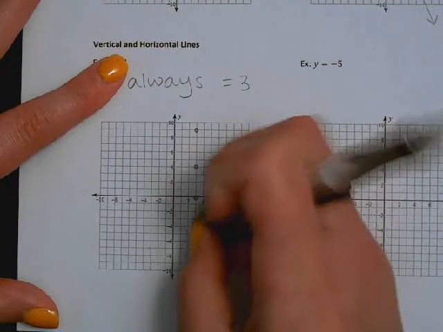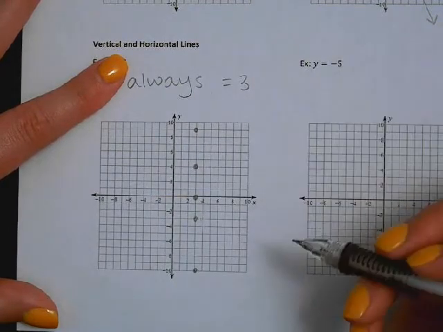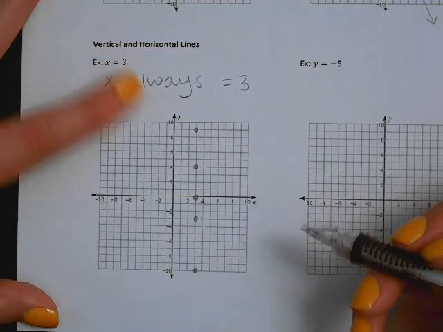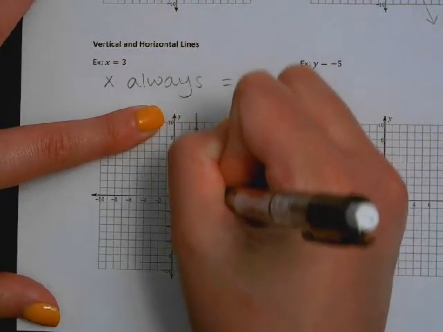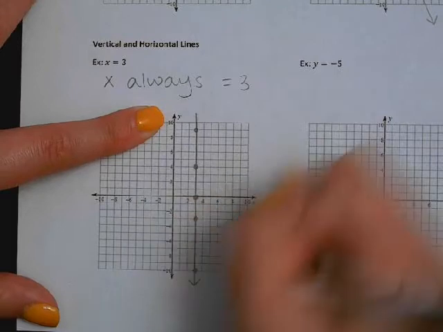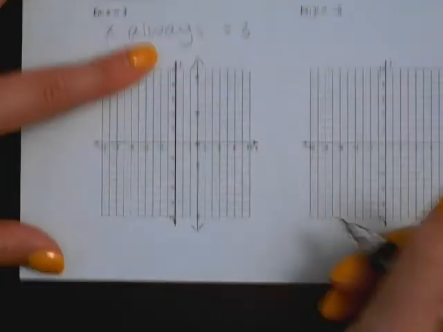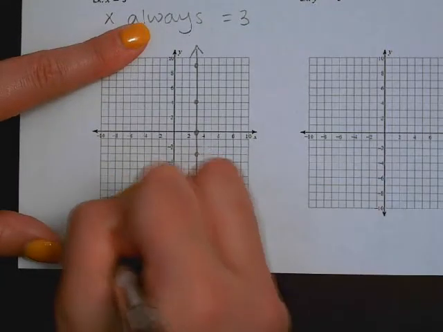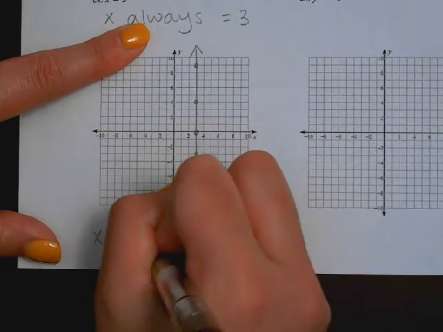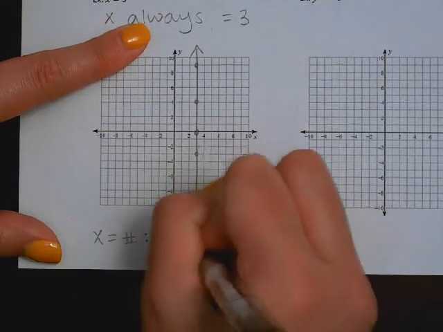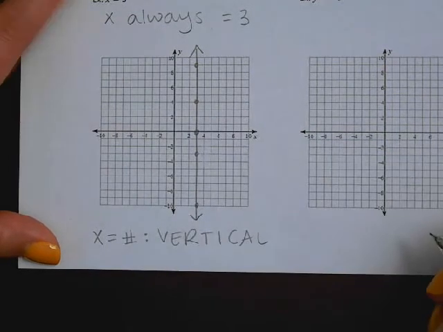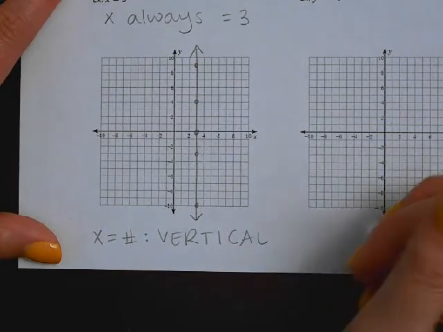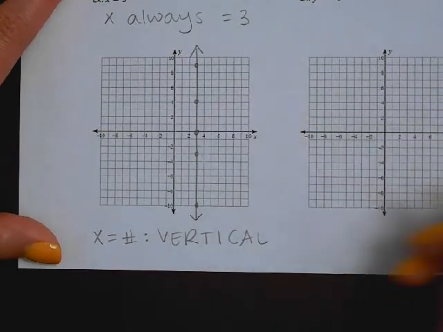When you graph those points that always have an x-coordinate of 3, that creates a vertical line. So anytime we have an equation where x equals a number, that's always going to give us a vertical line. So x equals 3, x equals -2, x equals 0, x equals -100, all of those would be vertical lines.